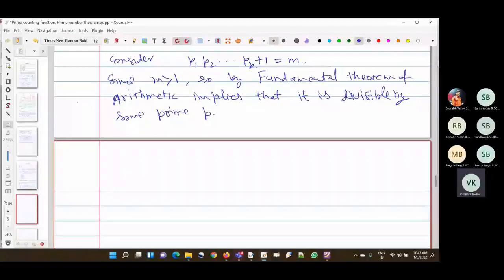So if M is some natural number greater than 1, by the fundamental theorem of arithmetic, this is going to be a product of some primes Q1, Q2 up to Qs. If P is some prime here as a factor in the product of M, if M equals Q1, Q2, and P is somewhere, then P should divide M or not?